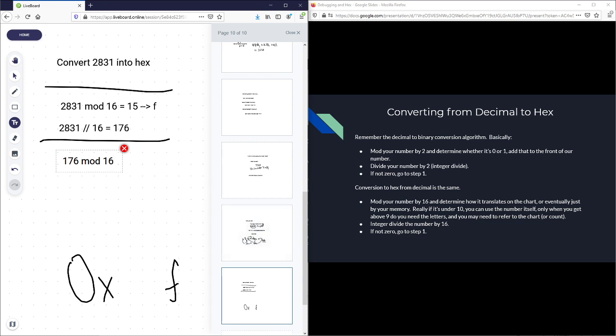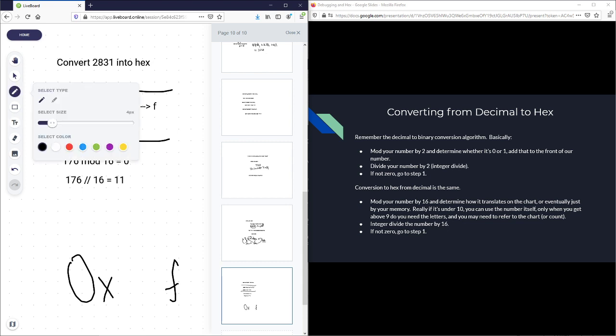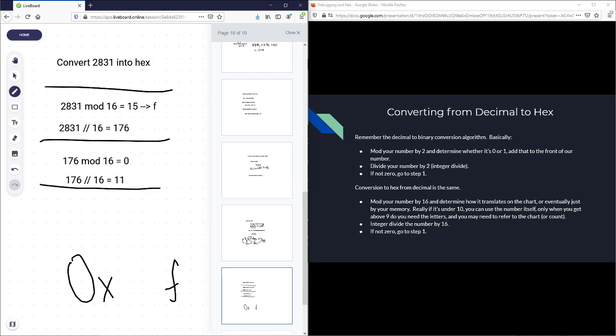As it turns out, I think 176 mod 16 is 0. Yes, it is. Always want to double check when I'm doing a lecture, because otherwise I will say something wrong. And then 176 divided by 16 is equal to 11. And now that's the end of step 2.